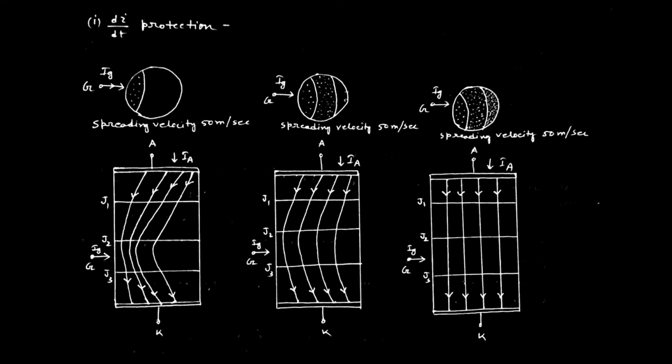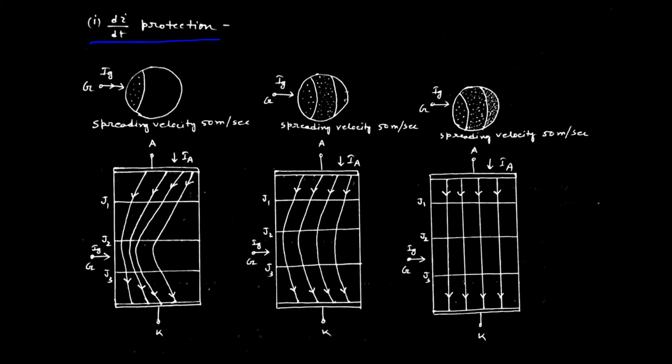In case of di/dt protection, the complete phenomenon depends on the spreading velocity of the anode current. Suppose the thyristor is forward biased and the gate pulse is applied, then the anode current starts to flow in the region near the gate and cathode junction.